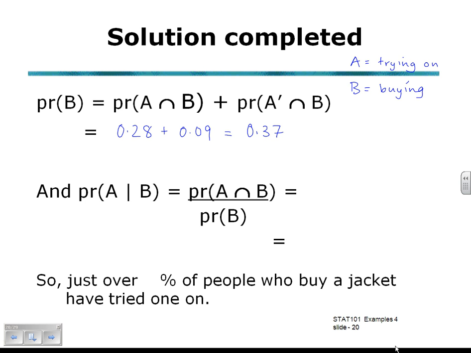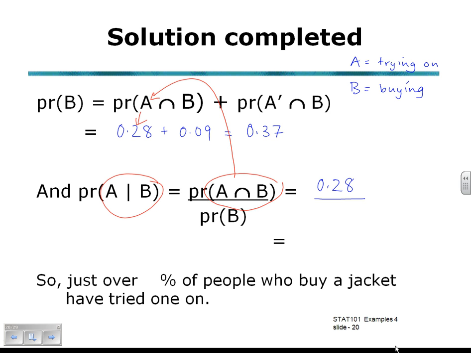A, remember, was trying on the jacket and B was buying the jacket, just to refresh our memory. So we want the probability of A given B. Probability of A intersection B on the top line we can pick up from that position in red, 0.28.